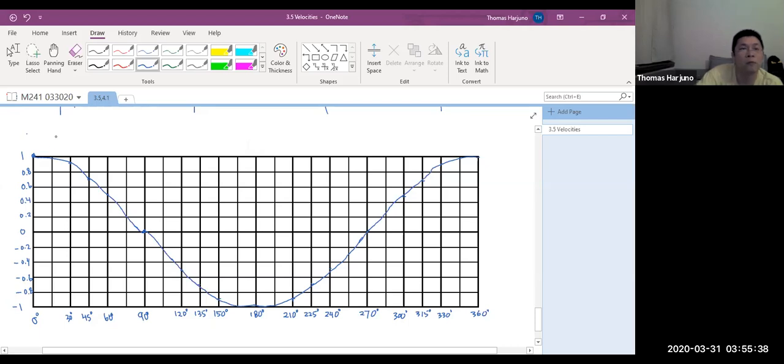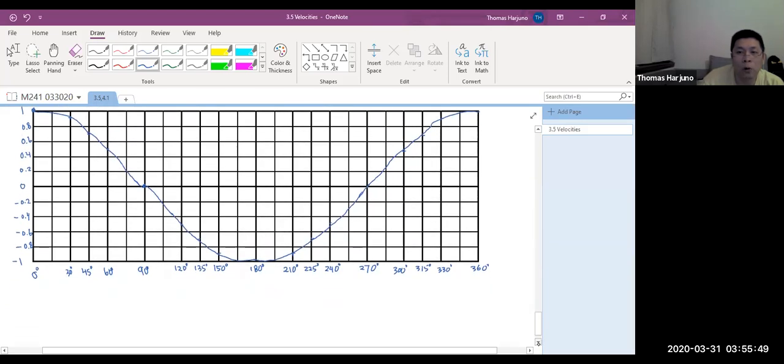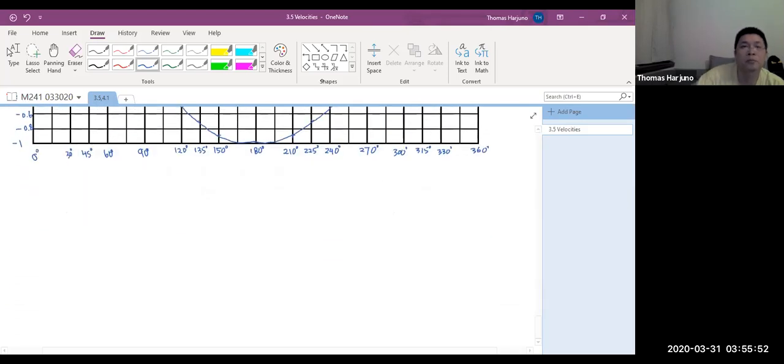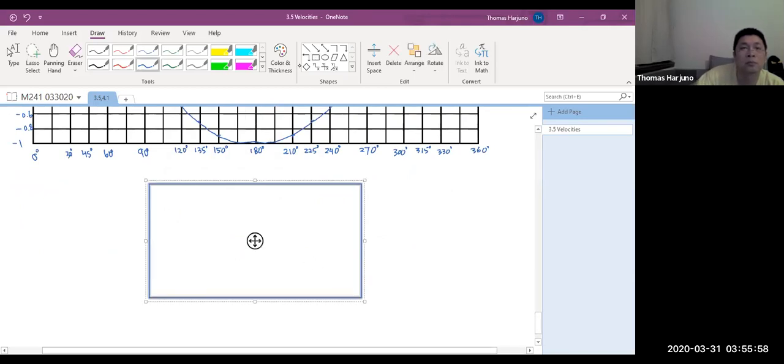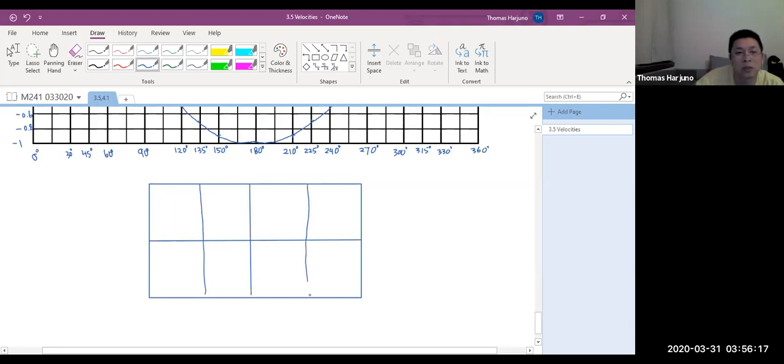This is the graph of y equals cosine x. If I summarize this graph into 4 columns, this is just approximate.